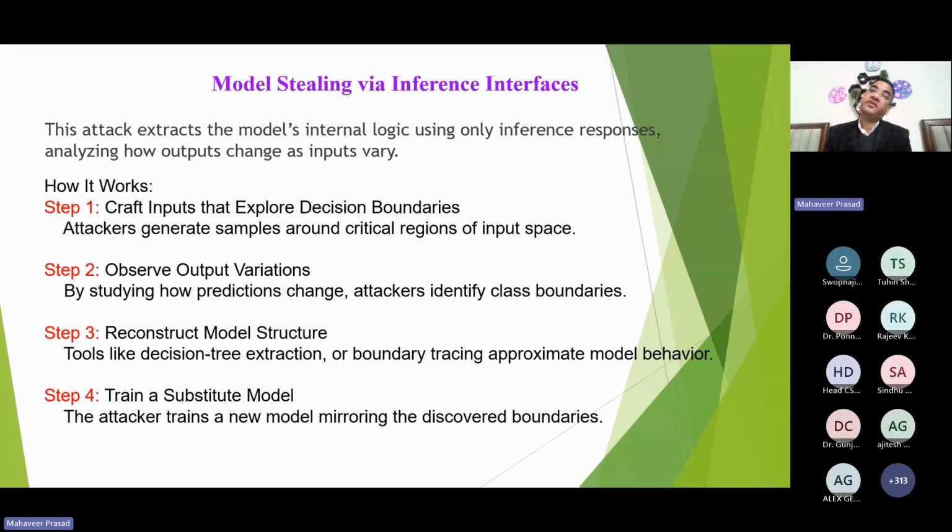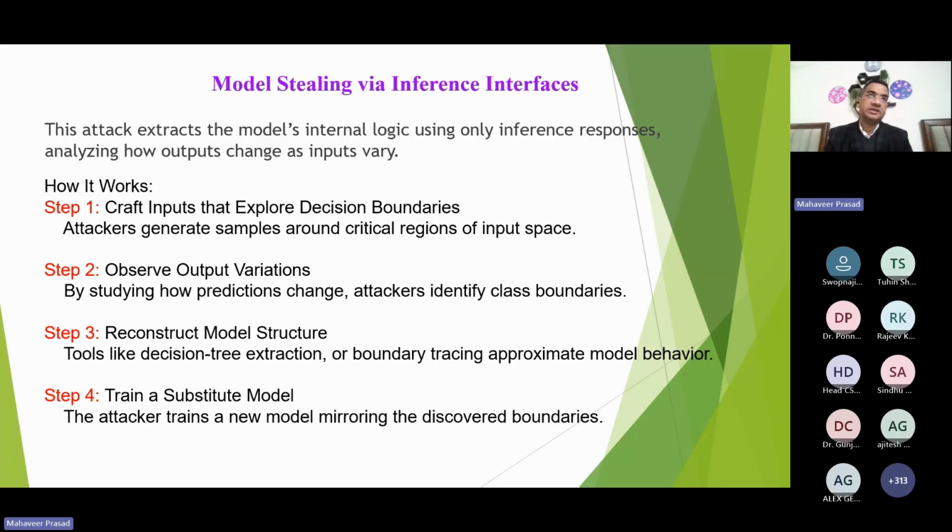Model stealing via inference interface. Here the attacker strategically crafts inputs to probe the edge of decision boundaries. Now the attacker is playing with the edge, observing small changes in output as inputs are varied.